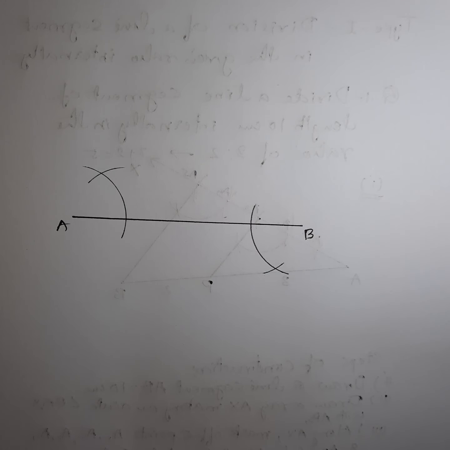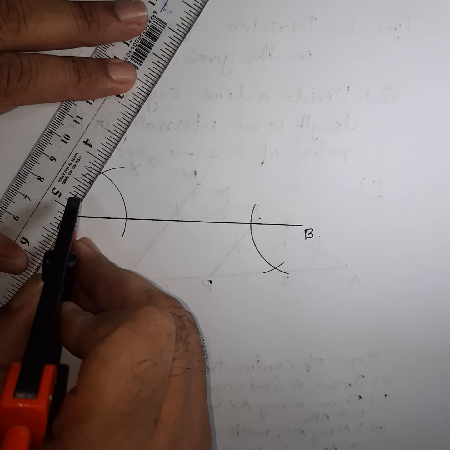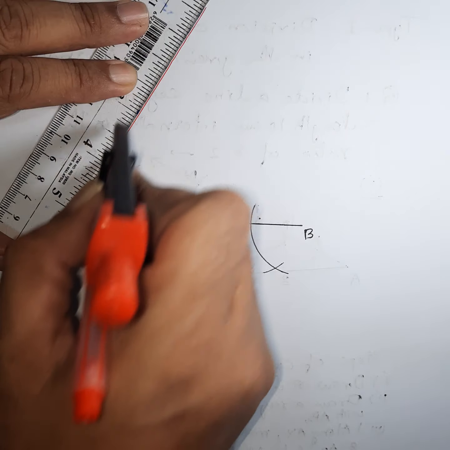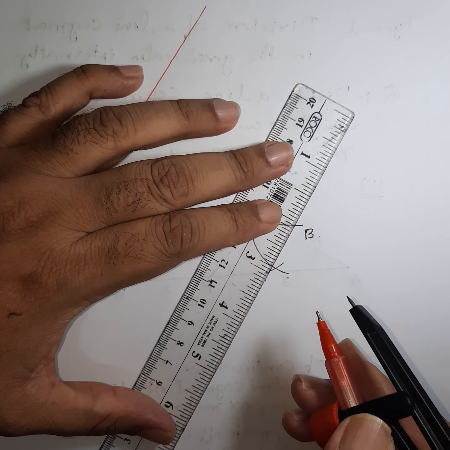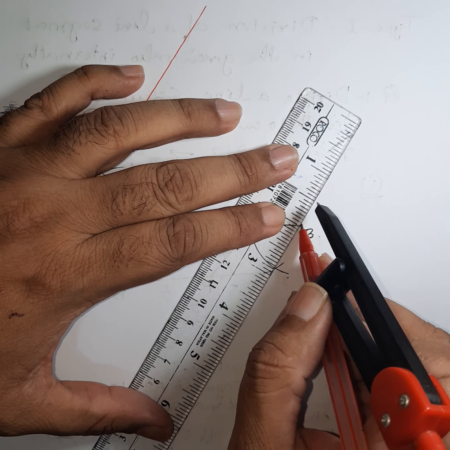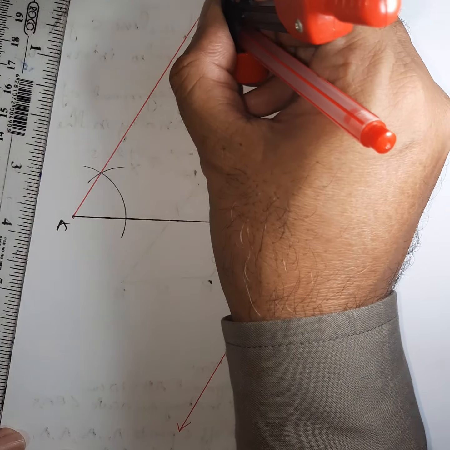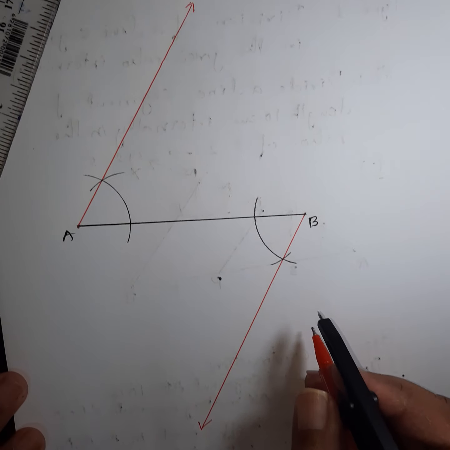Then you can draw a ray AX like this, and another BY. AX and BY are both parallel to each other.